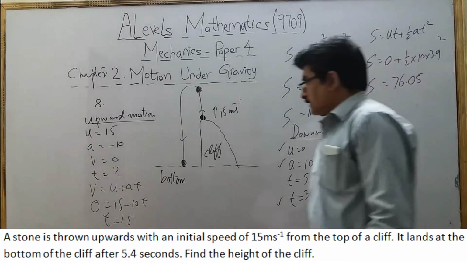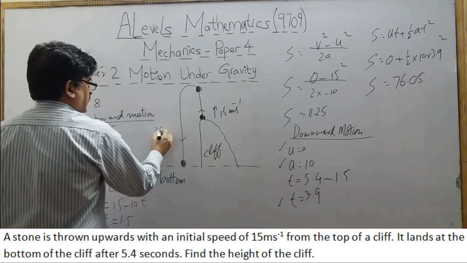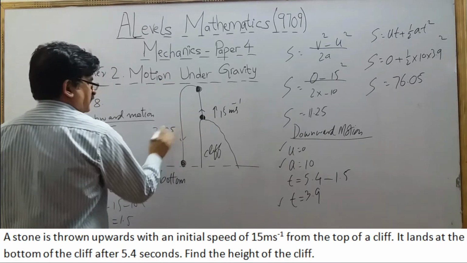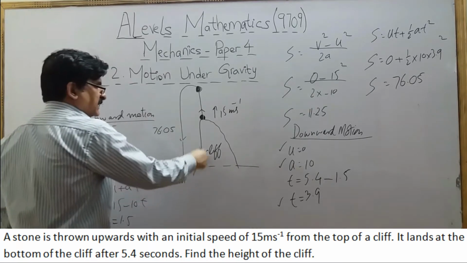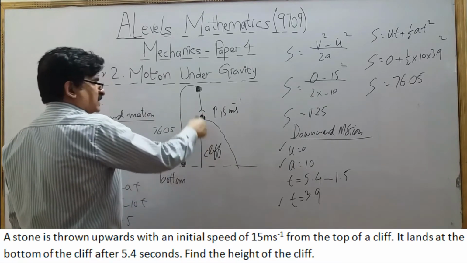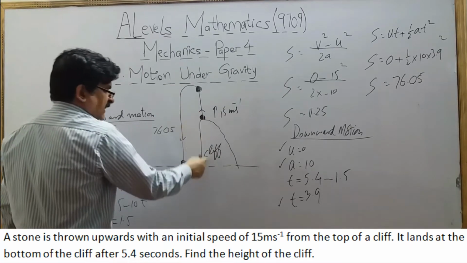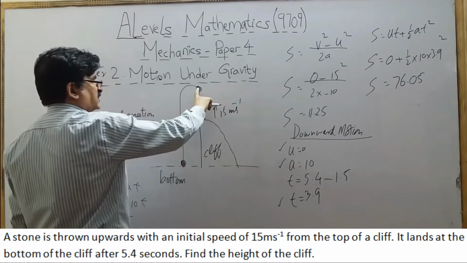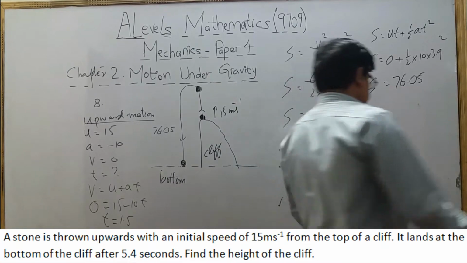Now see that this total height is 76.05, and we are asked to find the height of the cliff, means this distance is total. So we have to subtract this distance from this total, we'll get the height of the cliff.